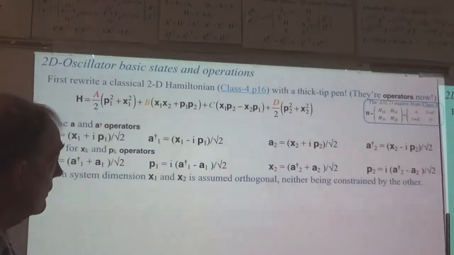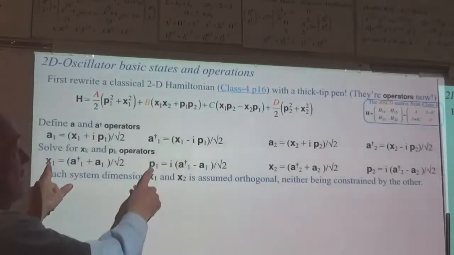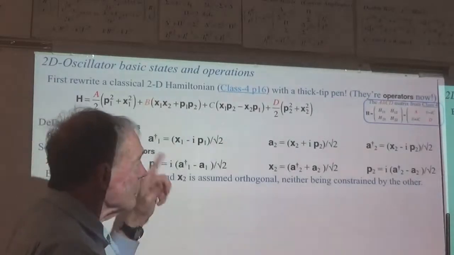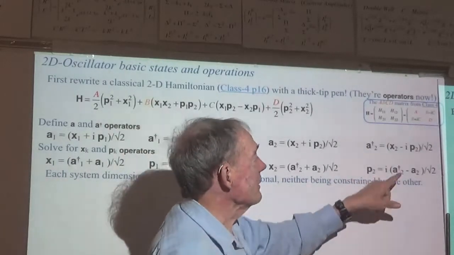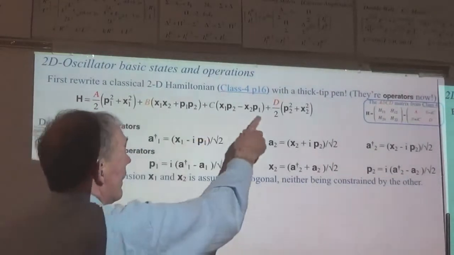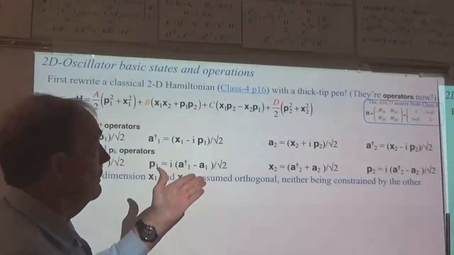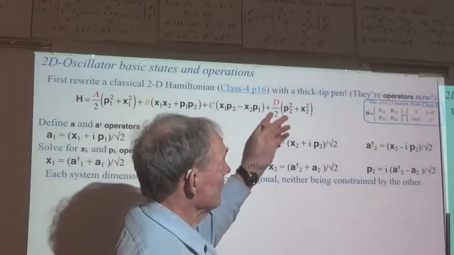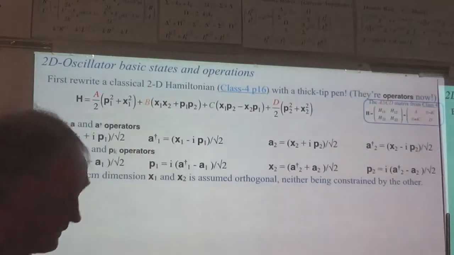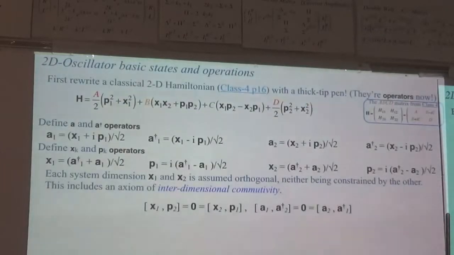So we can, of course, just solve for the position and momentum in terms of these magic A's and do exactly the same thing for the second dimension, but it's how they play with each other that's going to be important, because here they are living in these weird terms that we needed to make the connection between classical two-dimensional oscillators and complex, you might say, two-dimensional oscillators. So that is the real deal here: what about the commutation relations?